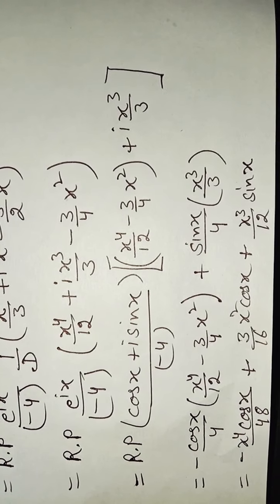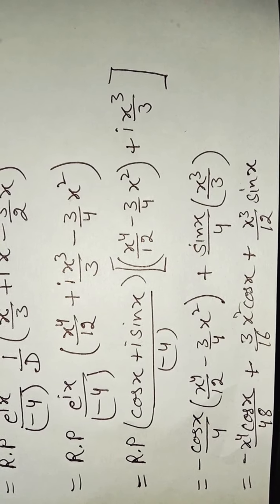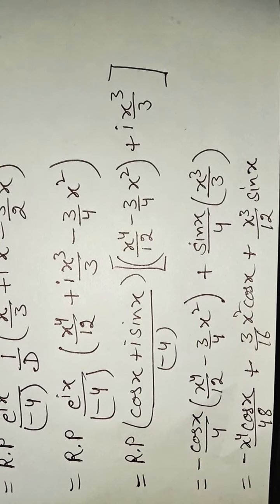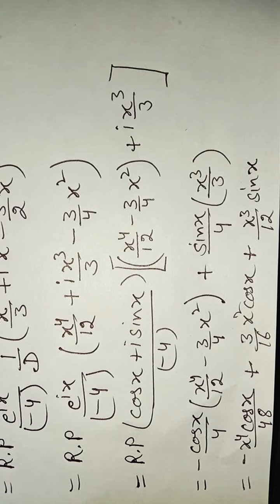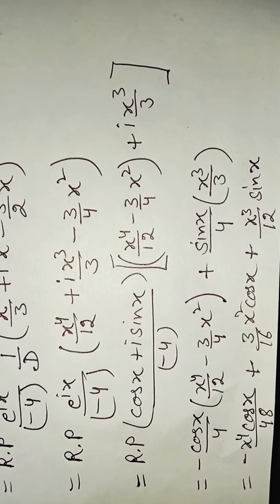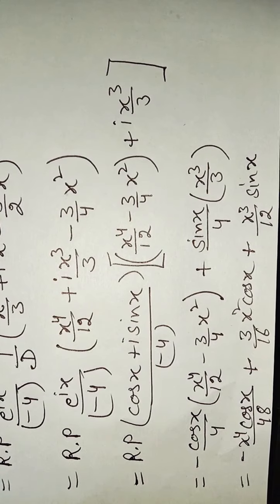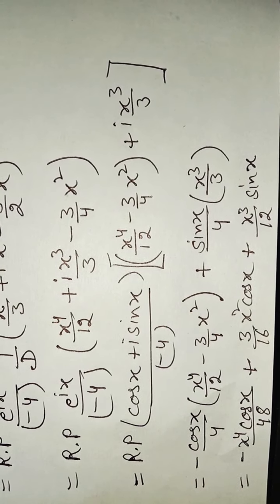So after separating the exponential function, you will be left with only two functions, polynomial and trigonometric. In these last two problems, I hope you have understood how to continue.